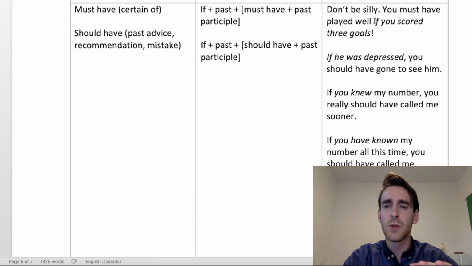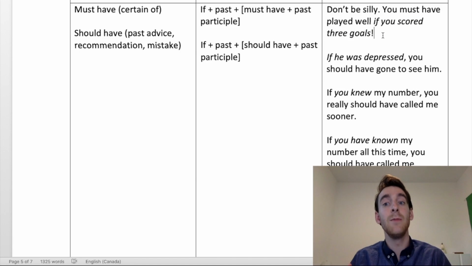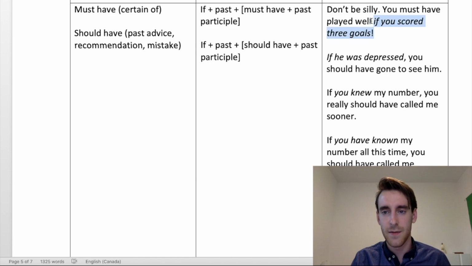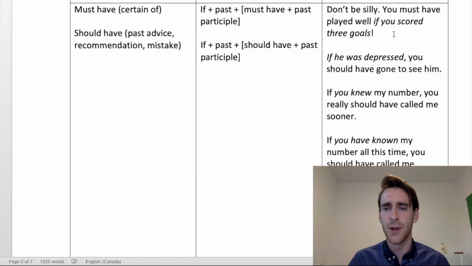In one clause, we're talking about a fact. So if you scored 3 goals, you must have played well. So this is a fact. This isn't following your traditional first, second, third conditional form, but it's still an if, so I put it in here.